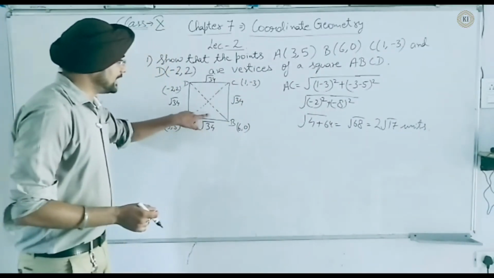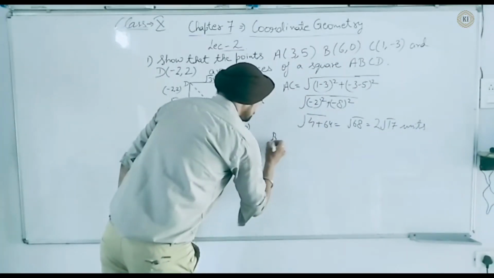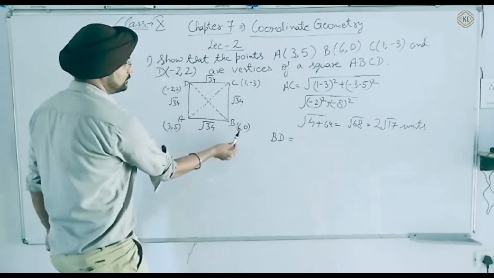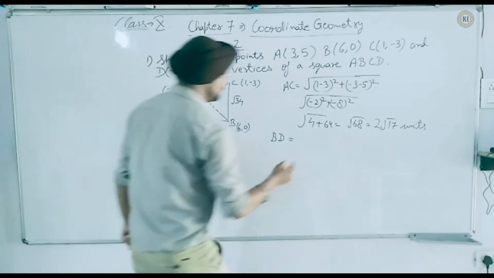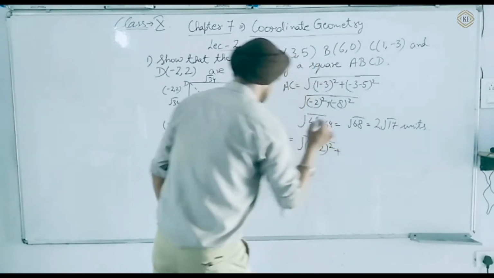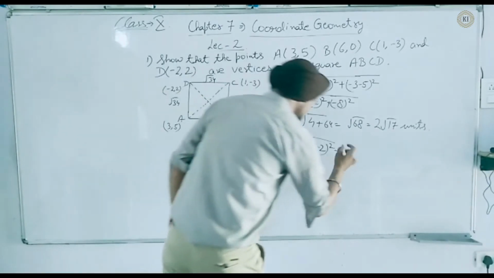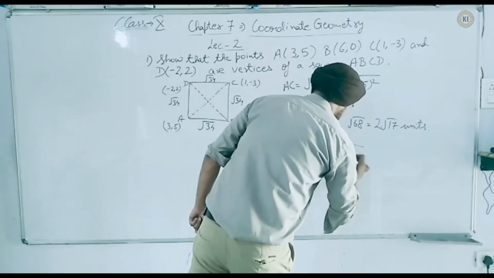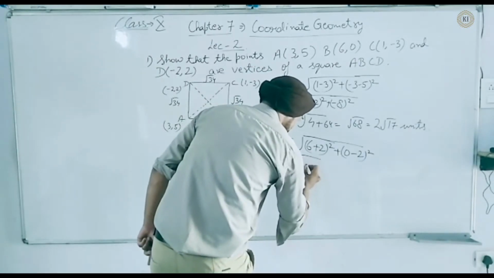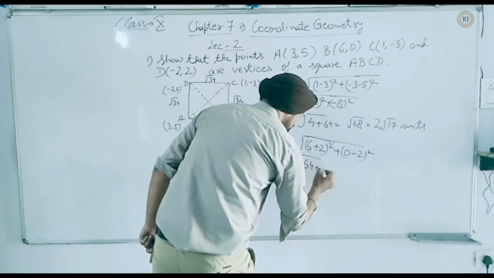Now calculate diagonal BD. Diagonal BD is equal to under root, x1, y1, x2, y2. So (6 minus minus 2) will be (6 plus 2) whole square plus (0 minus 2) whole square. 6 plus 2 is 8, 8 square is 64, 2 square is 4.